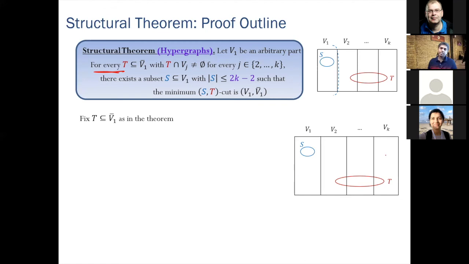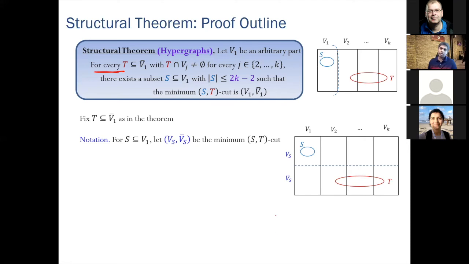Now look at the min ST cut. The min ST cut has a source side and a sink side. It will separate S and T. I will denote the source side by V subscript S. Min ST cut separates S and T, so it's going to be of this form.